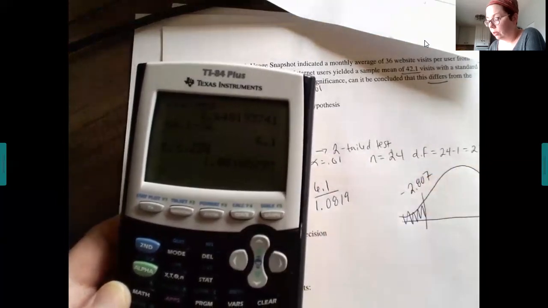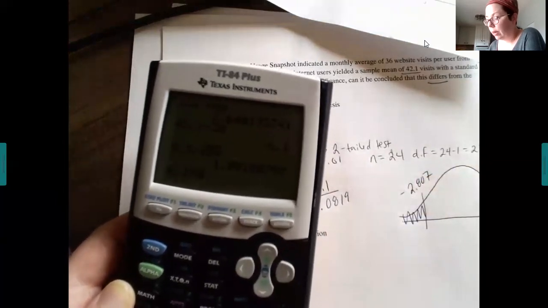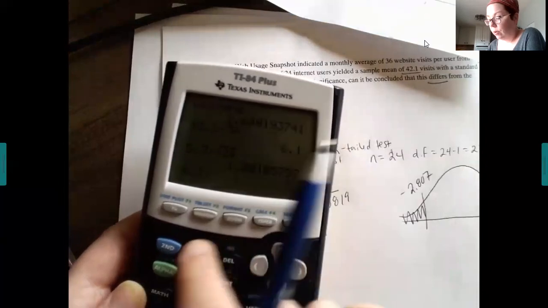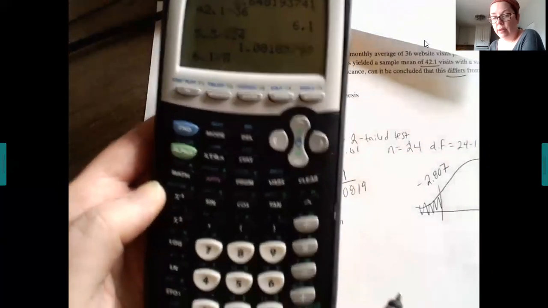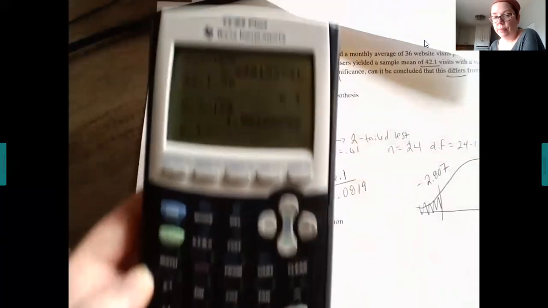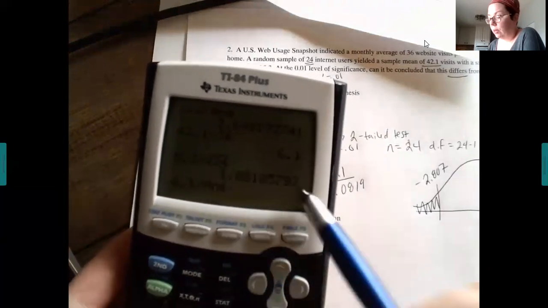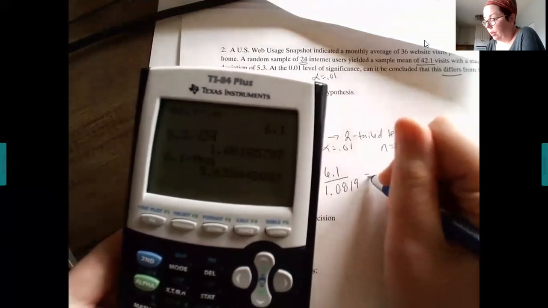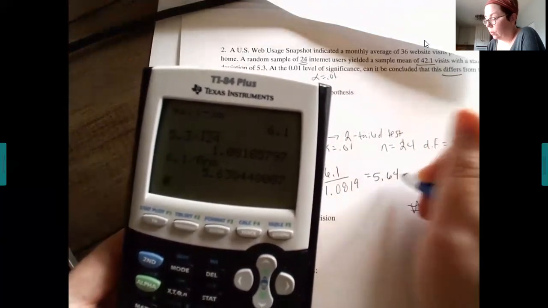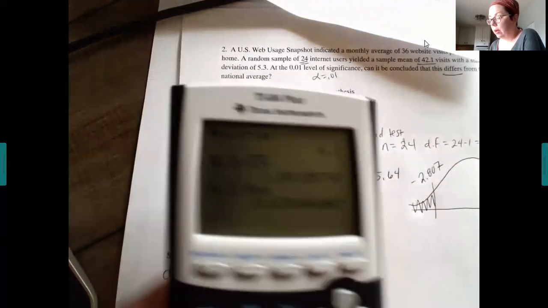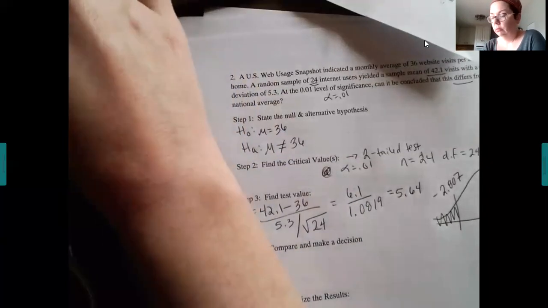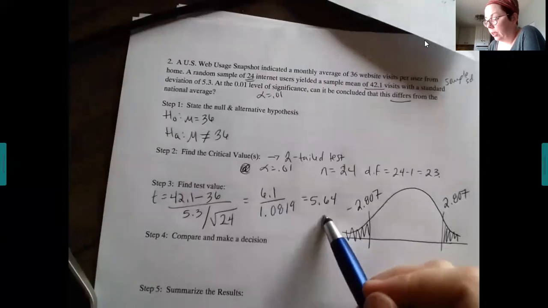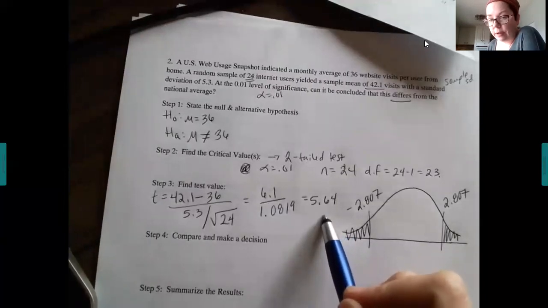But again, you can also just do 6.1 divided by, since we have that, we can do second answer again, right there, second answer. And that puts that whole thing in there. We get a big number, 5.6. Okay, so this is our test score, the test value.